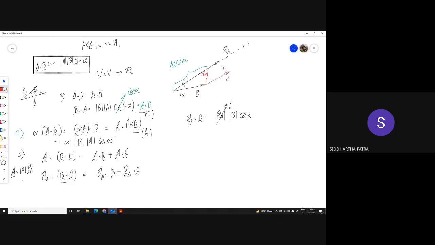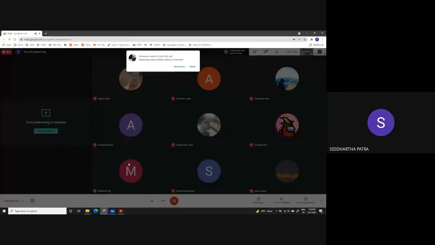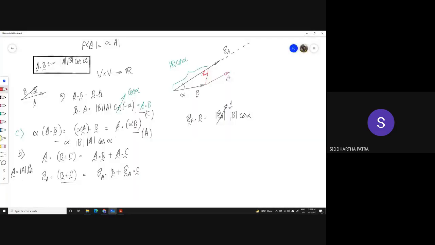What is basically happening is EA doesn't lie on the plane of B and C. Just to make a general case, EA does not necessarily lie on the plane of B and C. So now if I drop a normal from the tip of C, and let's say this is the normal, so the two ends of the vector C have been projected on the line EA.